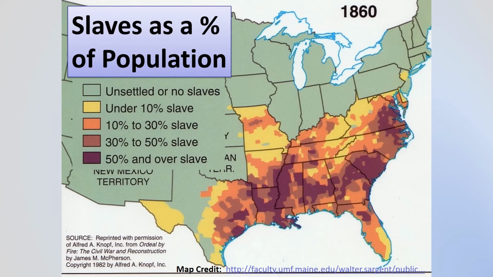You can see here the slave population throughout the South. Missouri, even under the Missouri Compromise coming in, didn't have a lot of slavery, but there is a lot of slavery in the Carolinas. You can look at Louisiana, Mississippi, Georgia.